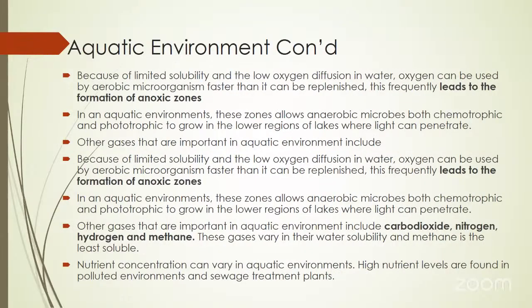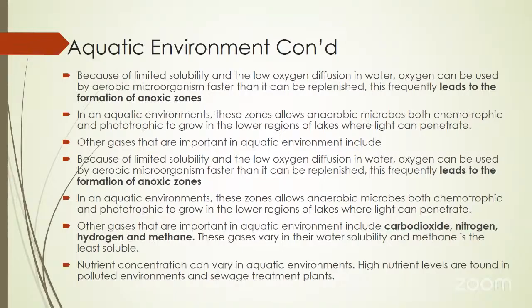All right, so if we have limited solubility and low oxygen diffusion in water, you have an anaerobic zone being formed. But if you have enough oxygen, then you have aerobic microorganisms growing faster.